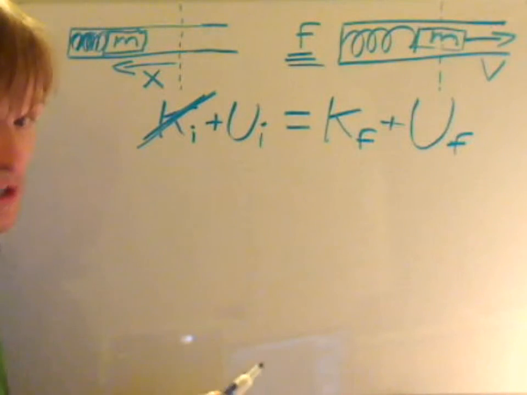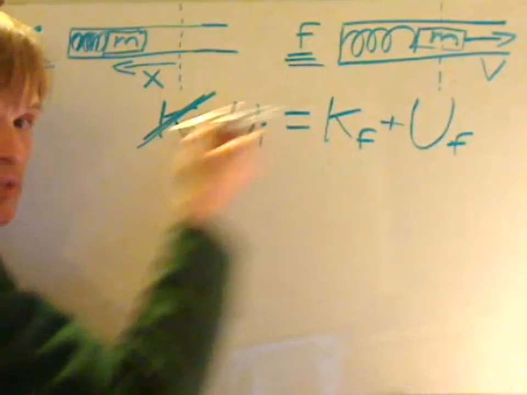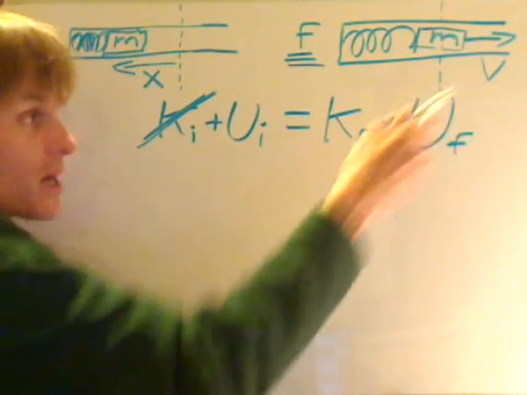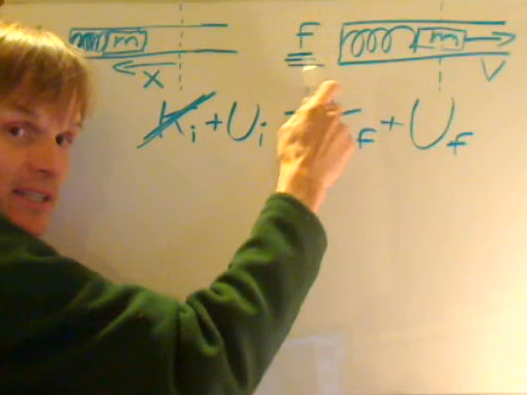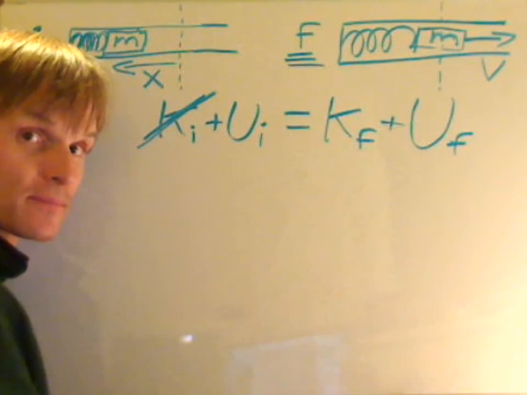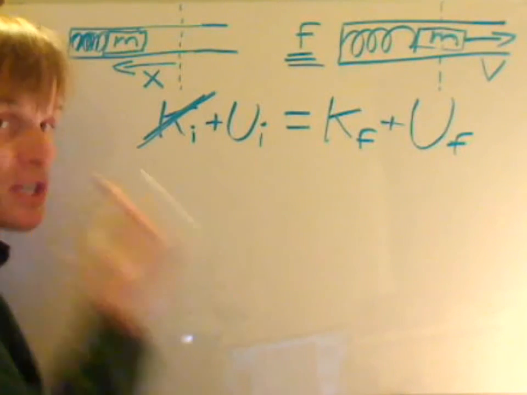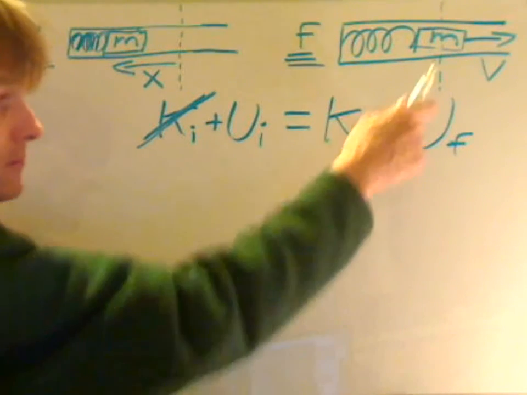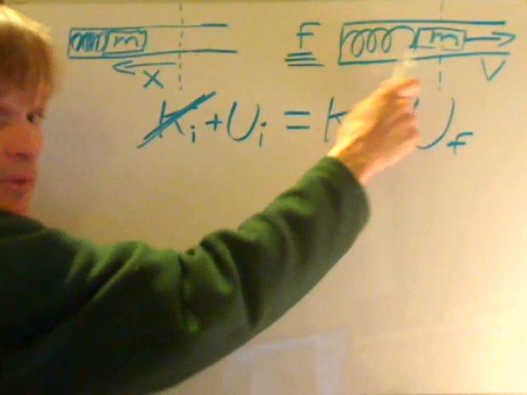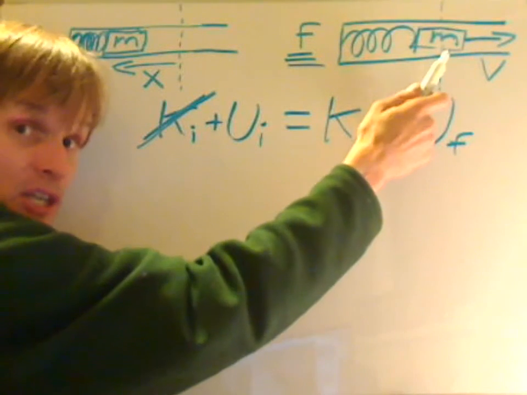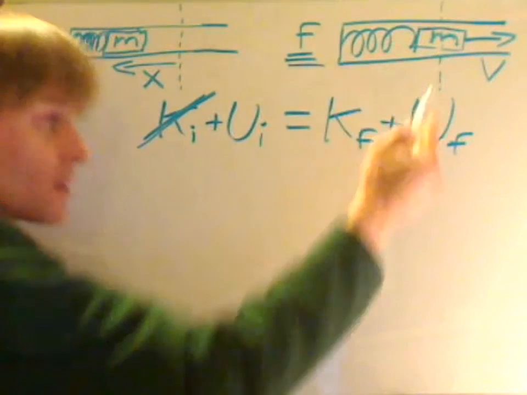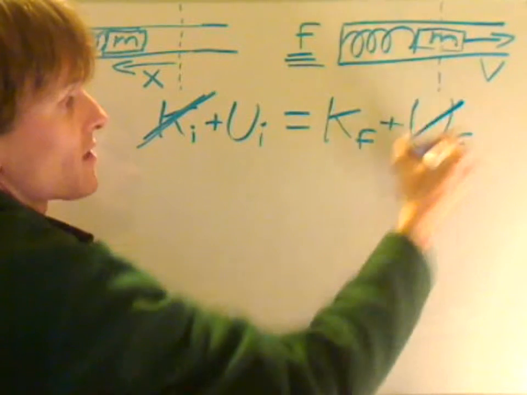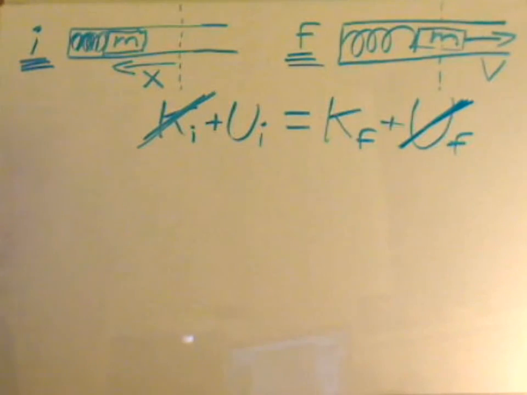Now what about the final situation? Well, we have kinetic energy because the plunger is in motion now. But the spring is now in its equilibrium position. And the potential energy of the spring is 1/2 kx squared. So if this spring is now in equilibrium position, its potential energy is now 0. So the potential energy in this final situation doesn't apply to the problem.